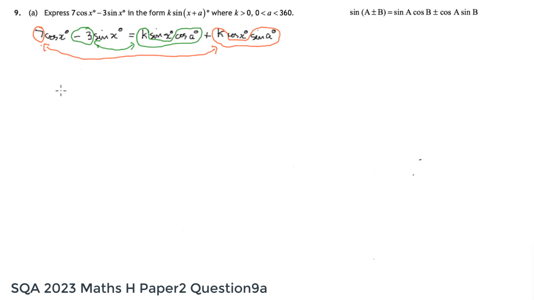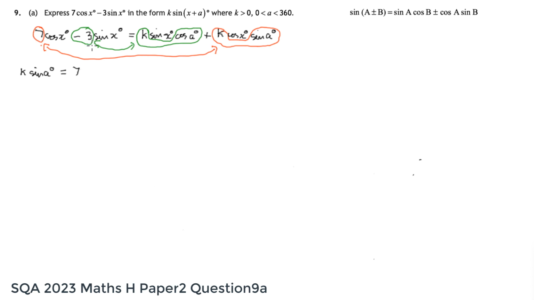So let's summarise all that. Let's tackle the cos x ones first. k sine A is equal to 7. That's the red coefficients.